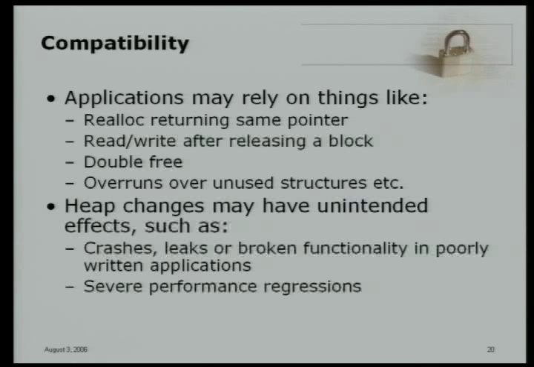For instance, we had an issue at some point with a process that was ported from 32-bit to a 64-bit platform. And it was noticed that it was using a large amount of memory, much more than it used to on 32-bit.